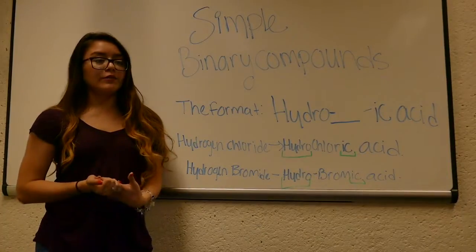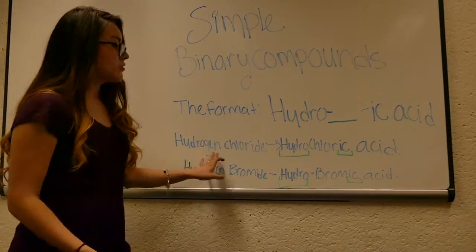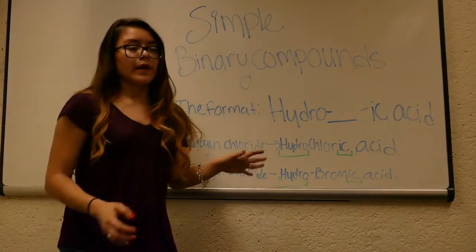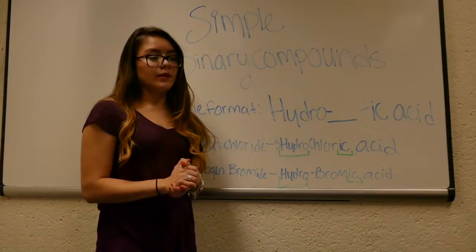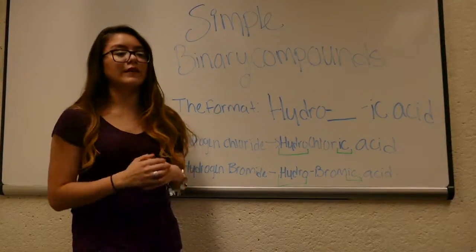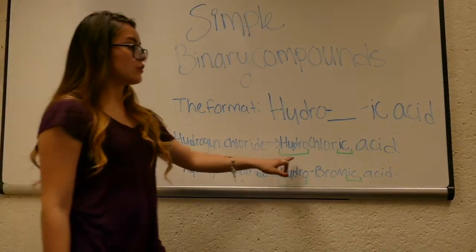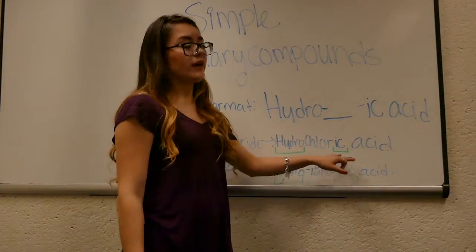The anion will end with the suffix "ide." So let's look here. It's hydrogen chloride. And its acid name, on the other hand, will start with the prefix hydro and end with the suffix ic. So for example, we have hydrogen chloride. We will turn it into hydrochloric acid.